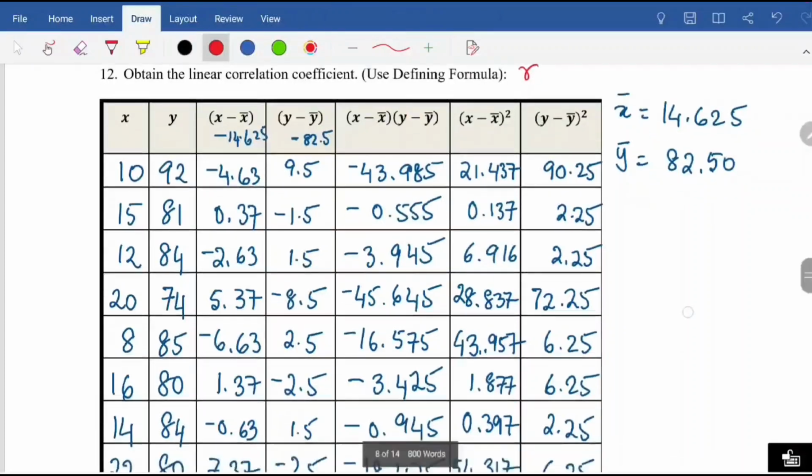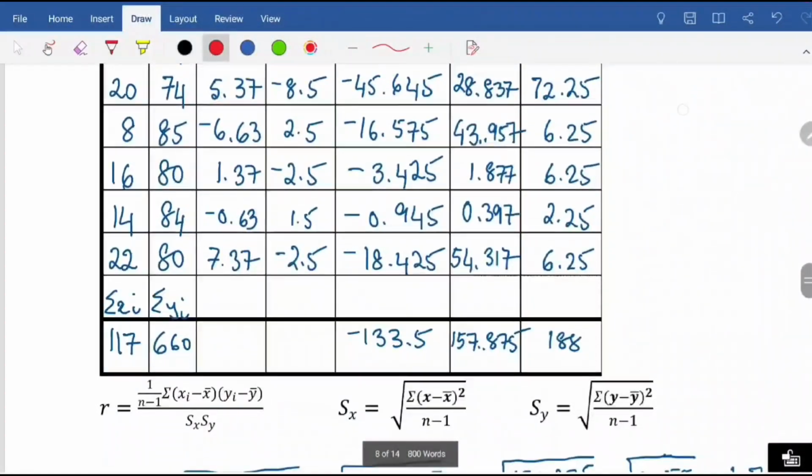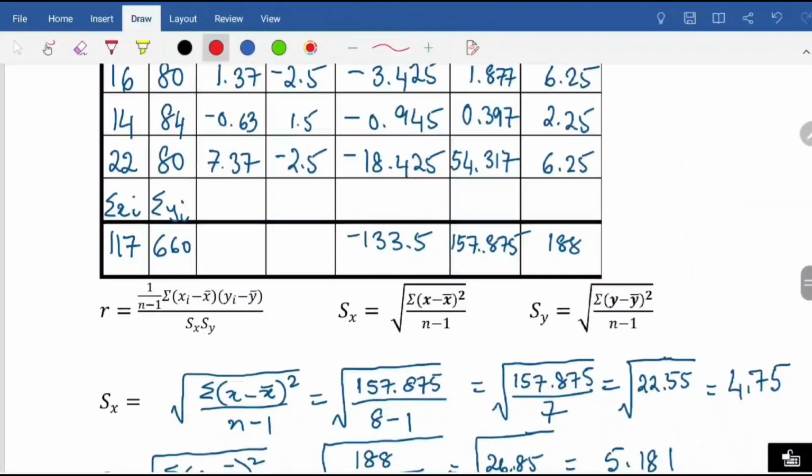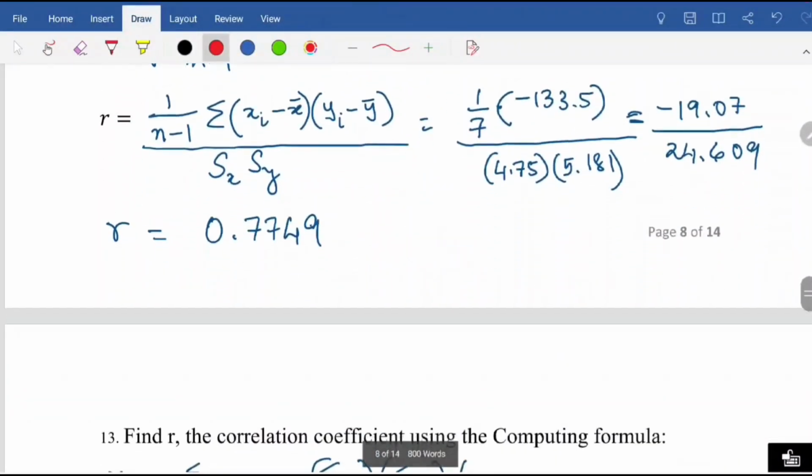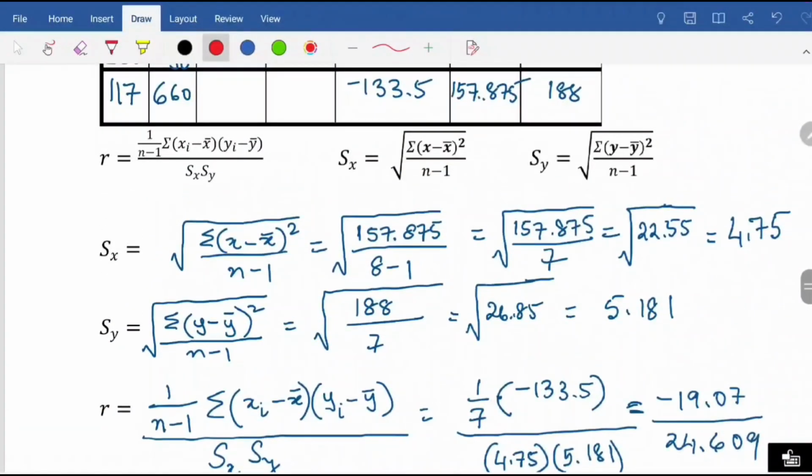Now, I've worked it out using the defining formula again for the test. You are going to use the computing formula, because this is too much. You won't have time to work everything using the defining formula, but I've worked it out here anyway.